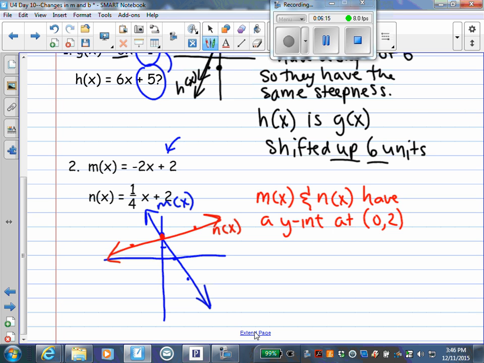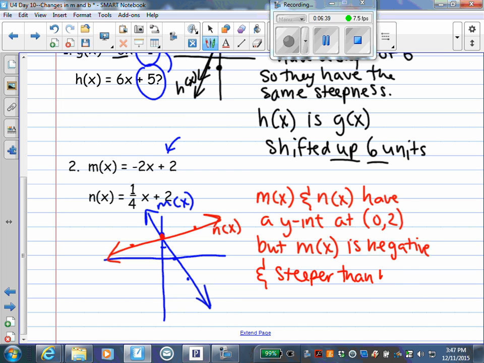But then what's different is their slope and their direction. So we could say M of x is negative and steeper than N of x, which is positive.